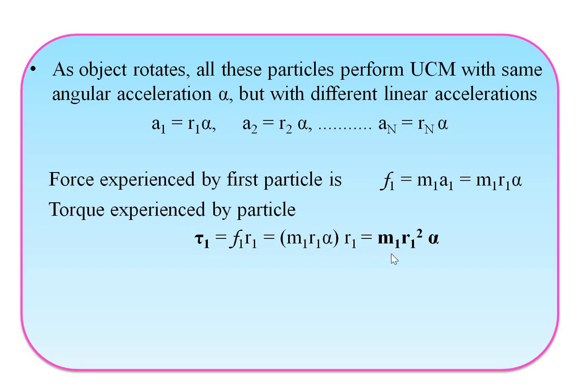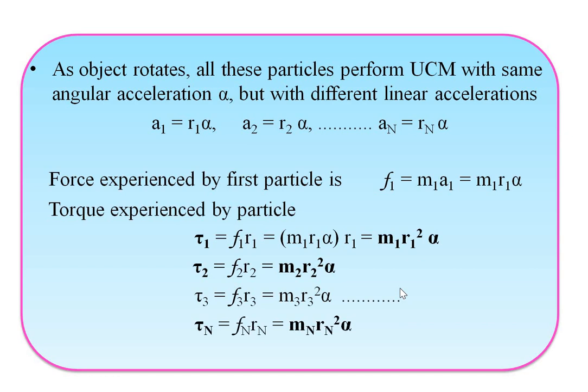Simplifying this, we get m1 r1 square alpha. For the second particle, tau2 is equal to m2 r2 square alpha. Similarly, for the third particle, tau3 is equal to m3 r3 square into alpha. For a large number of particles, we get tau n is equal to mn rn square alpha.